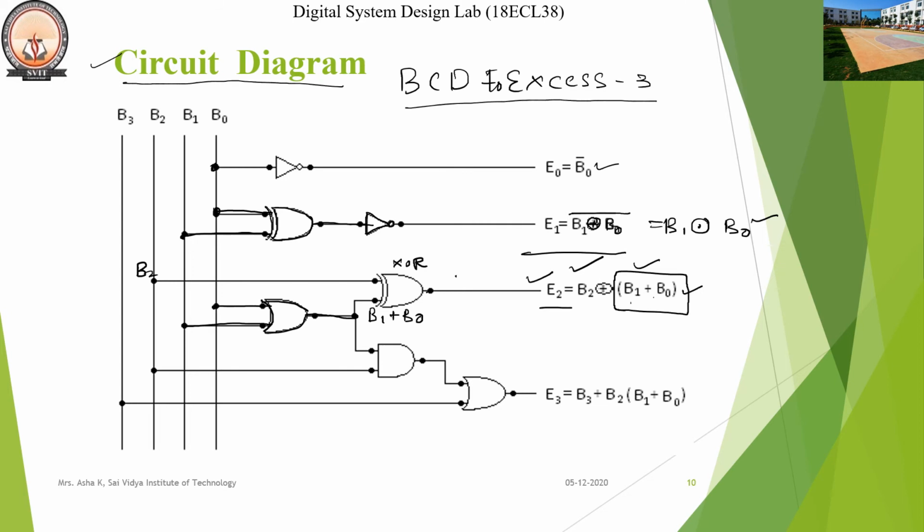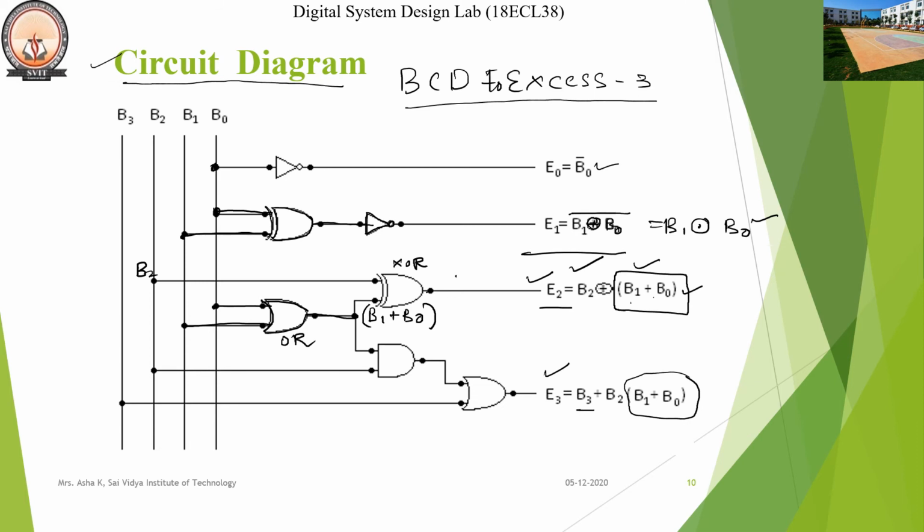Similarly, for the XS3 code E3, the expression we get after simplifying using the K-map is B3 OR B2 AND B1 OR B0. First consider this particular term that we have already obtained using this OR gate.